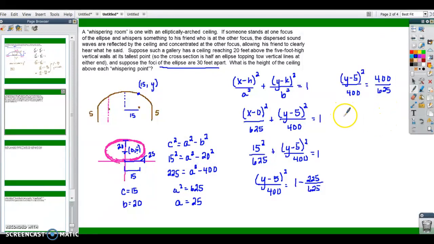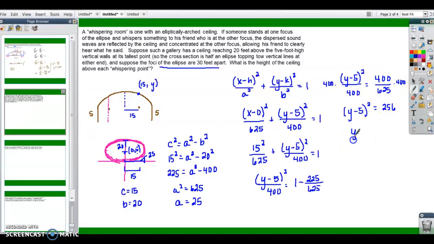When I multiply both sides by 400, I end up with (y minus 5) squared equal to 256. I'm not going to do that in the calculator. I think you guys can handle that yourself.